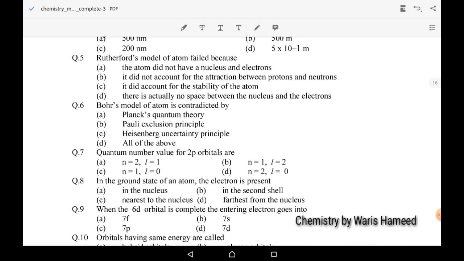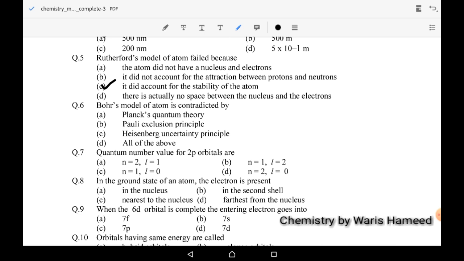There is actually no space between the nucleus and the electrons? Its correct option is C. It does not explain the stability of the atom.